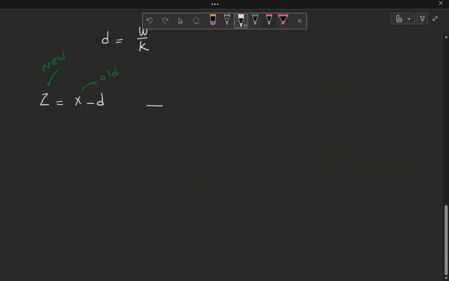First of all, I'm going to solve this equation for x. So x is in fact equal to z plus d, and I'm going to take the derivative x dot. It's going to be z dot plus d dot, which you guys already know that d dot is in fact 0 since d is a constant number. So x dot is equal to z dot.